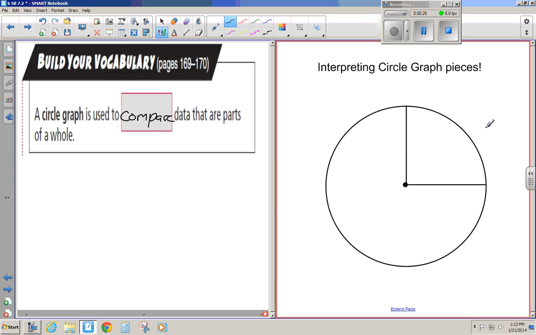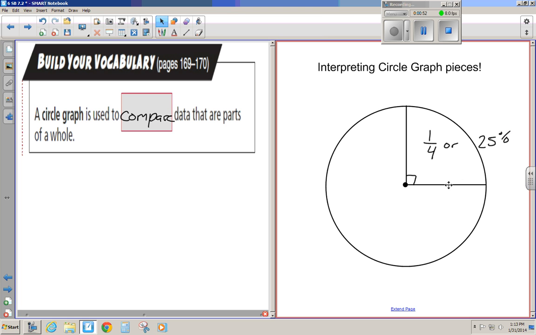All right, interpreting circle graph pieces. This is not a part of your note-taking guides, but is an important aspect of this. Right here, if you're looking at a 90-degree angle, if this is 90 degrees, then this is 1/4 or 25%.